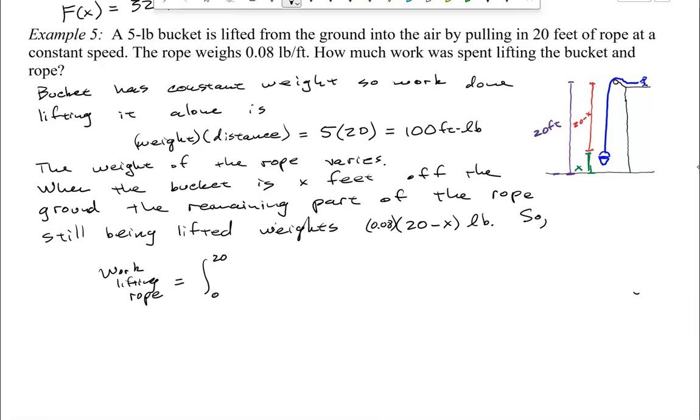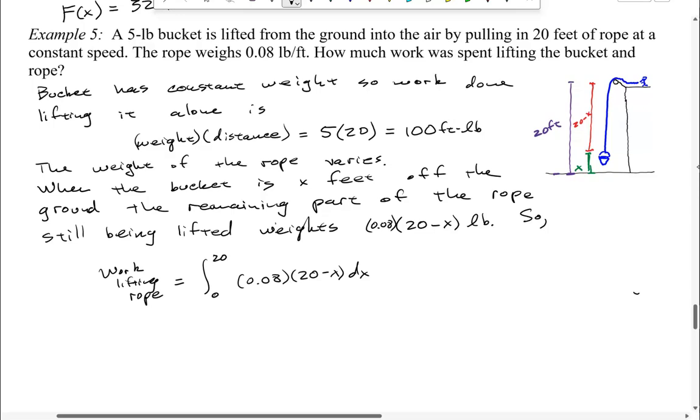In other words, our x's are going to start at 0 when the rope is way down on the ground, and x will end at 20 when the bucket is up on top, right? Look at the green length there at the bottom. That's our x going from 0 to 20, and we're integrating 0.08 times 20 minus x dx.